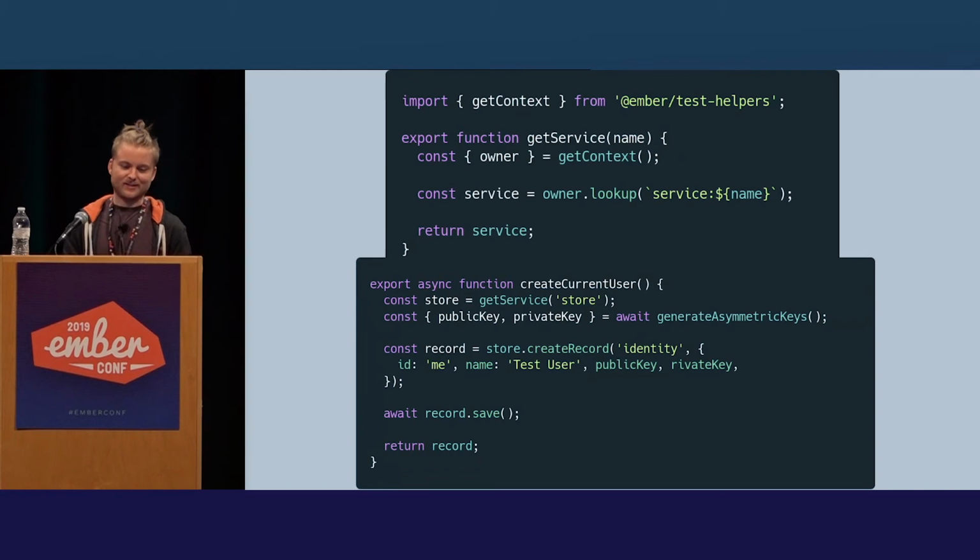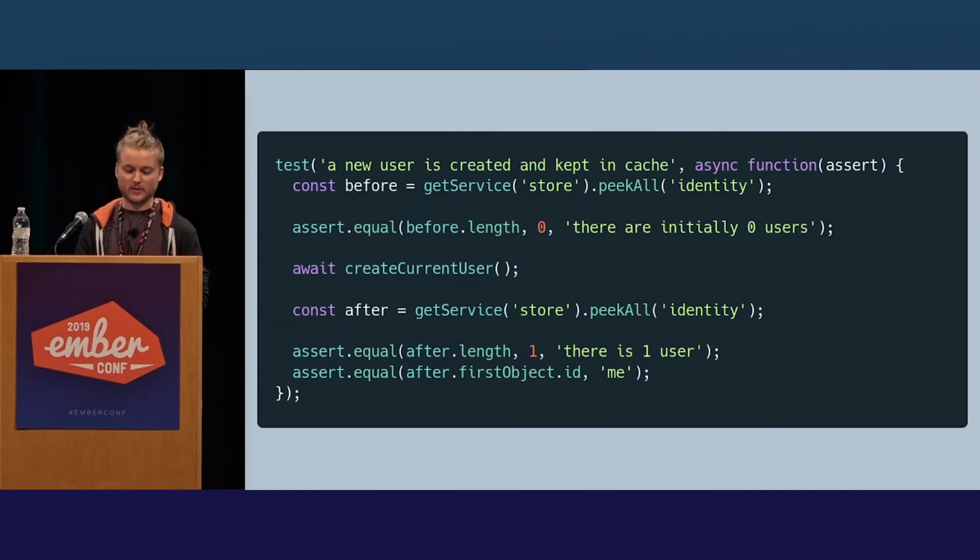Because Ember has a dependency injection system, we can, at any time in our tests, access anything from the dependency injection container. Here are a couple helpers that I use in my EmberClear app. And with just those two test helpers, we can create a very concise and meaningful test without really having to know much about dependency injection or where things are coming from. We just call them by name.